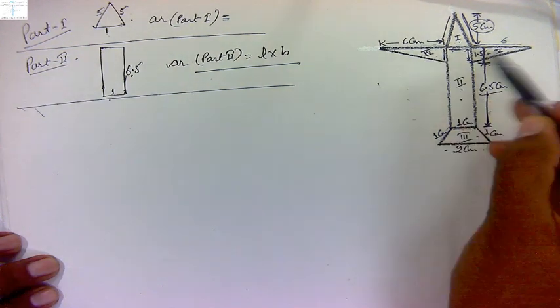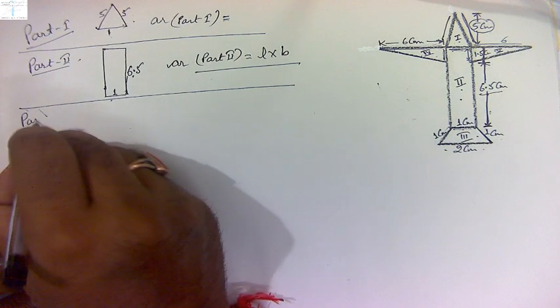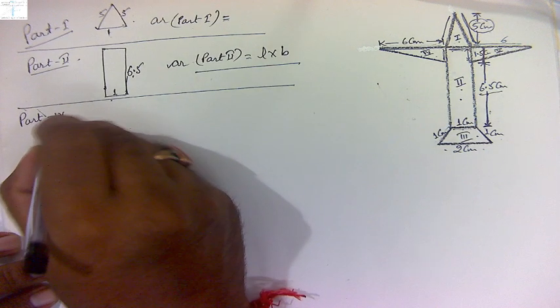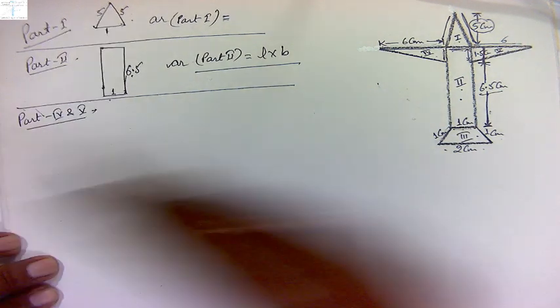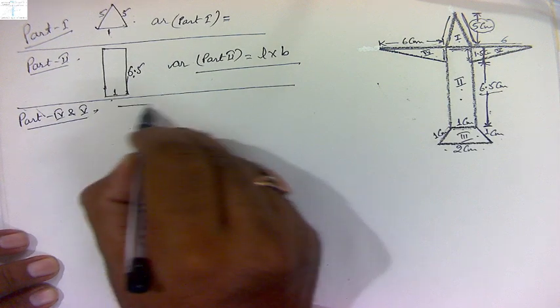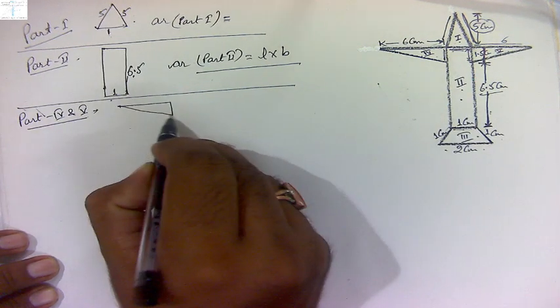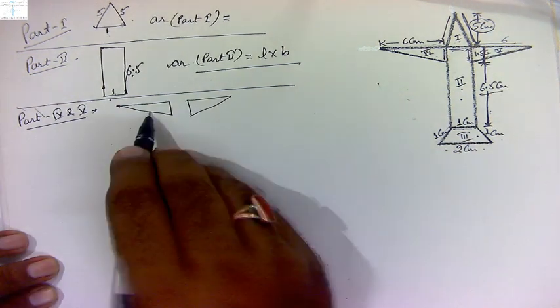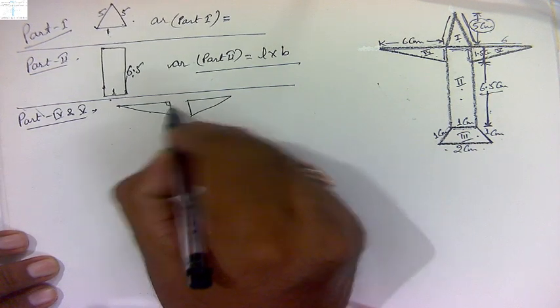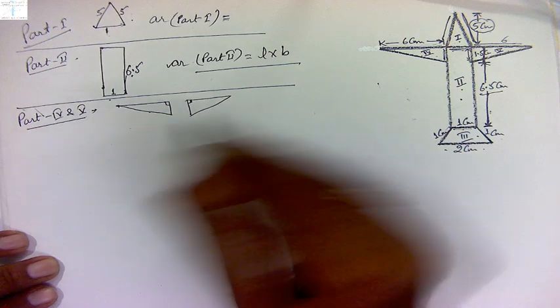Even the part 4 and 5. Part 3 I will discuss just after this. Part 4 and part 5, if you see, they are two right triangles in this form. Here the right angle will be there.